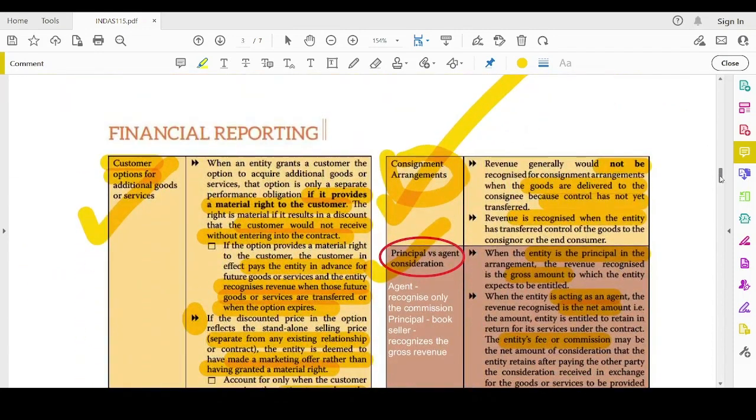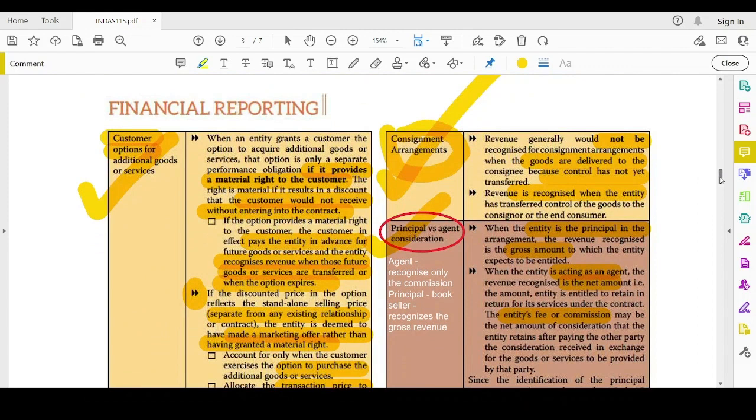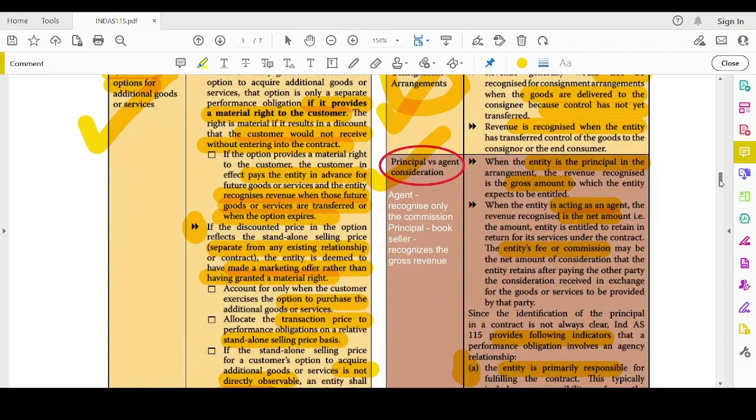Okay, let's move on to the third one, customer options for additional goods or services, which means that if there is a material right provided to the customer, that option would be treated as a separate performance obligation. The right is material if it results in a discount that the customer would not receive without entering into the contract.